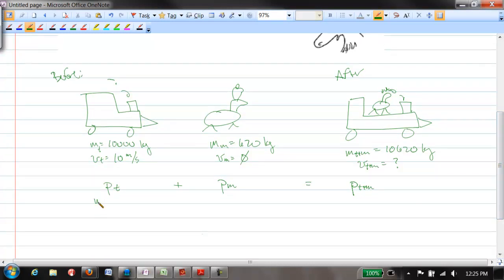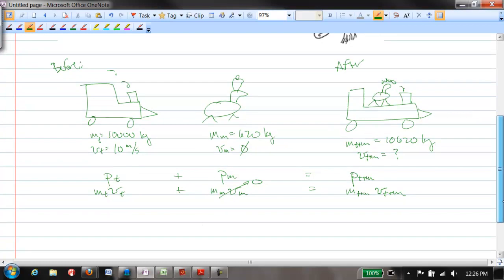So that's the mass of the train times the velocity of the train, initial, plus the mass of the moose times velocity of the moose, initial, equals the mass of the train plus moose times the velocity of the train plus moose, final. Now we already know this is 0, so we can stop worrying about that.